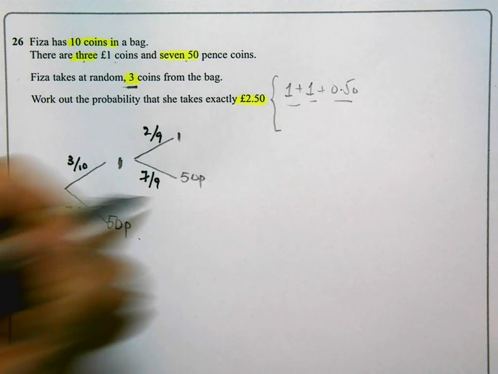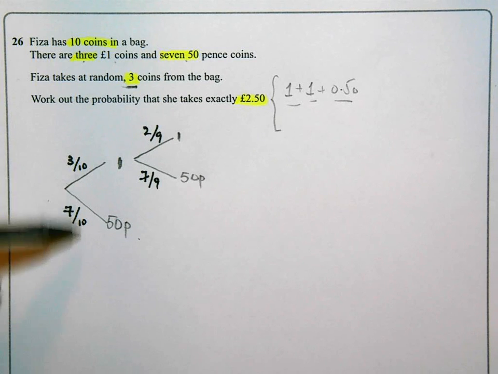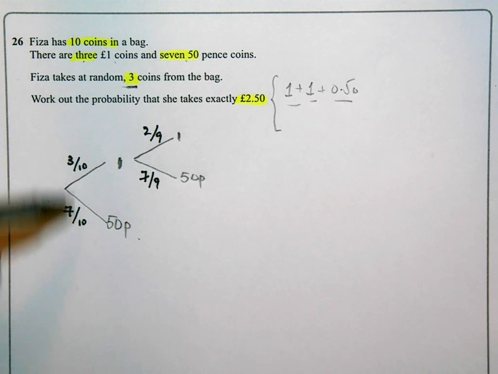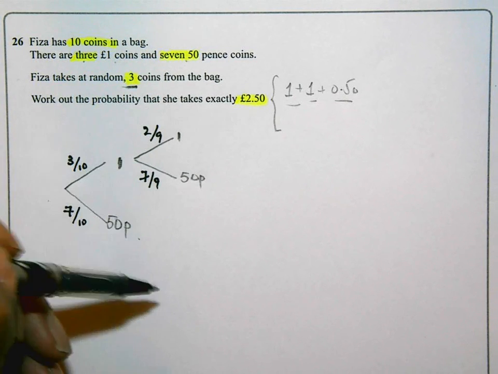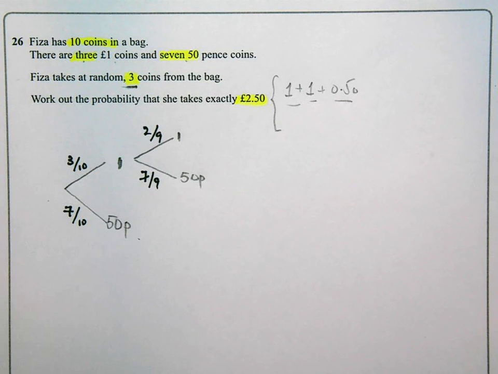If you look at the branches, 3 over 10 and 7 over 10 add up to 10 over 10, and 2 over 9 and 7 over 9 add up to 9 over 9. So in each case, the probabilities on a set of branches need to add up to 1.